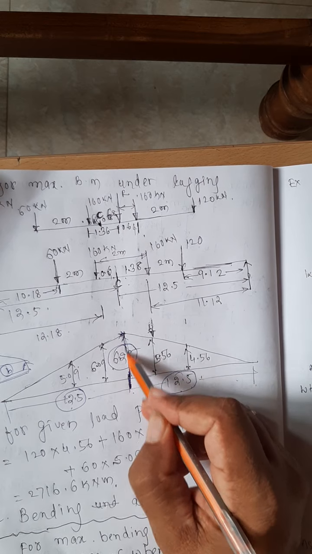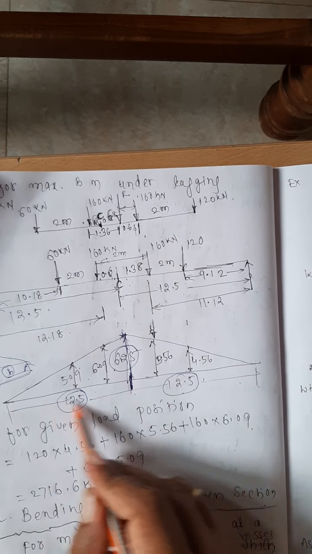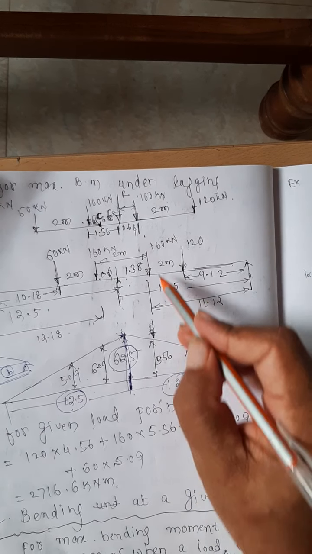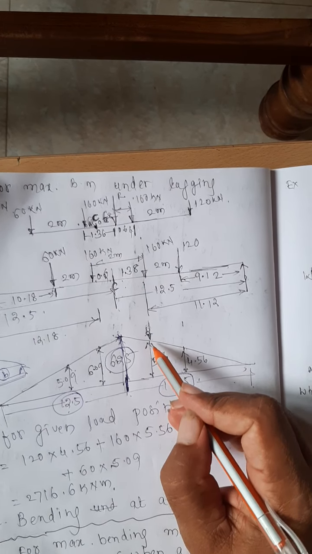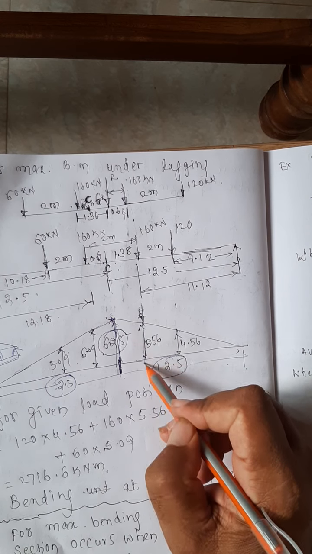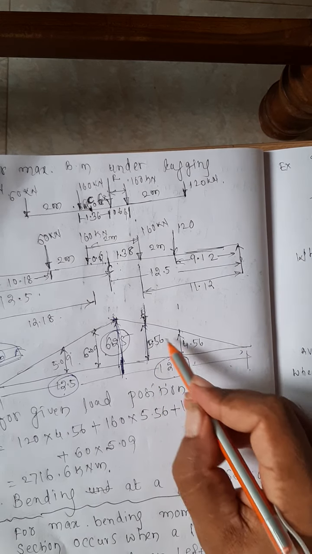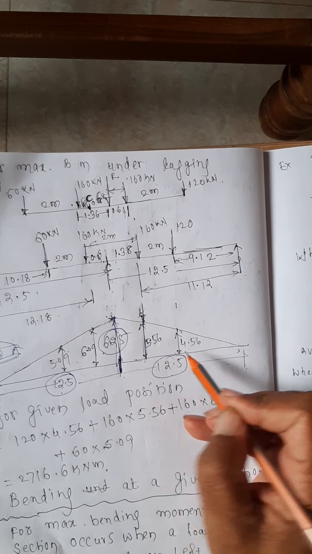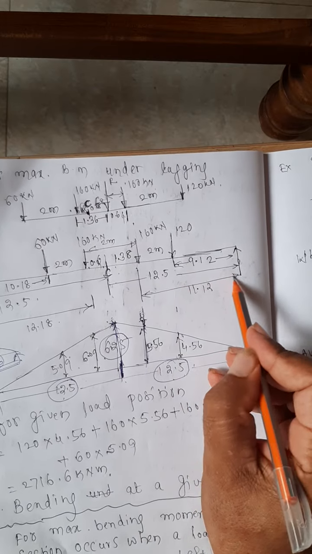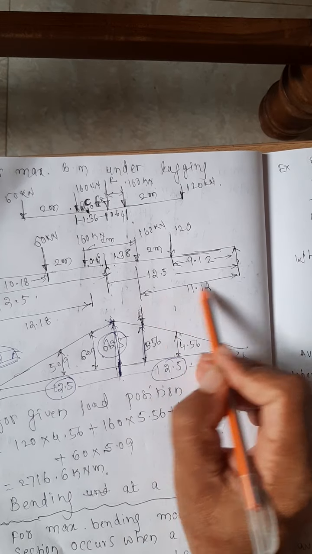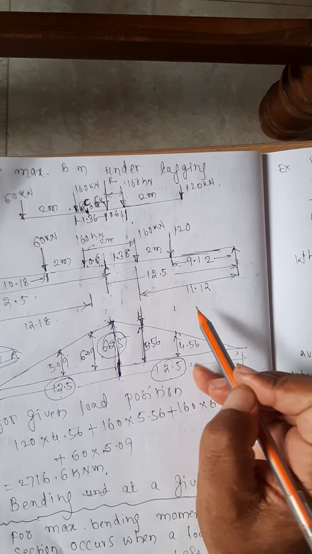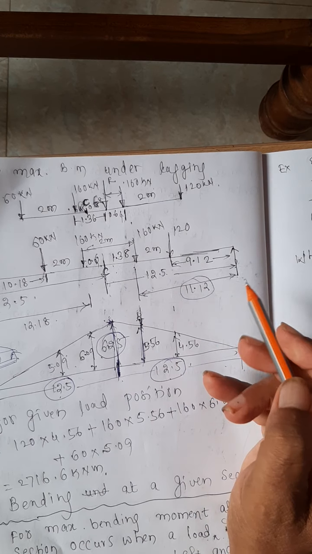Once this number is fixed, the geometry of these triangles is fixed. Hence, using the similar triangle property, you need to calculate, as we have done in the previous class, this particular ordinate. How are you doing it? First, as this is 1.38 and the total is 12.5, what is this number? 12.5 minus 1.38 is equal to 11.12.